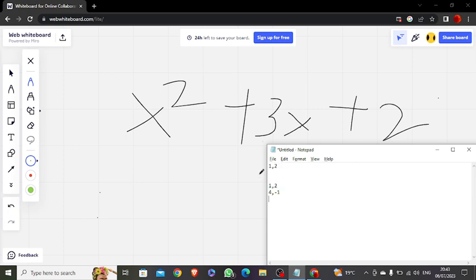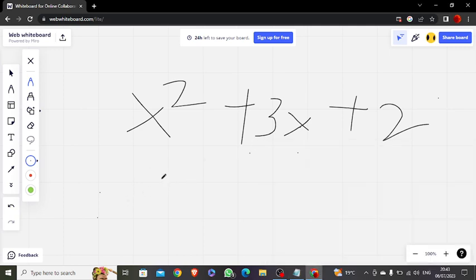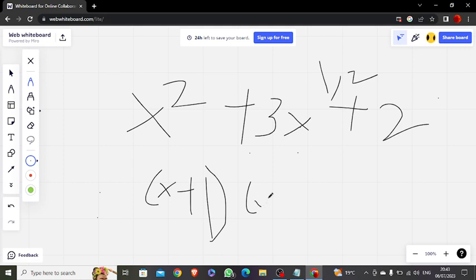And now let's go on to something more complex, a bit quicker, as in we can skip this entire thing and go x plus 1, since the pair was 1, 2, times x plus 2. So we can go straight to that.